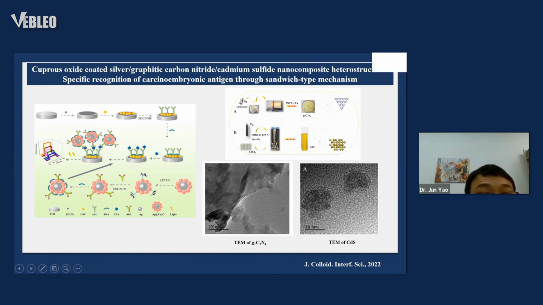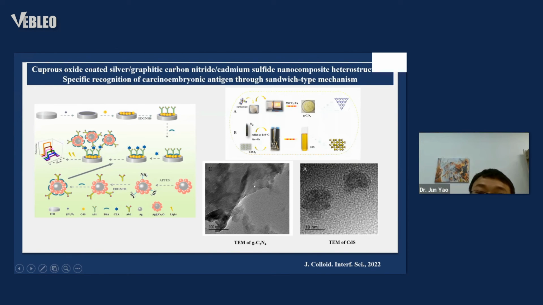So these nanocomplex materials can specifically recognize the antibody 2 modified copper oxide coated silver. We can monitor the CEA concentration through the change of PEC signal in the bio process.